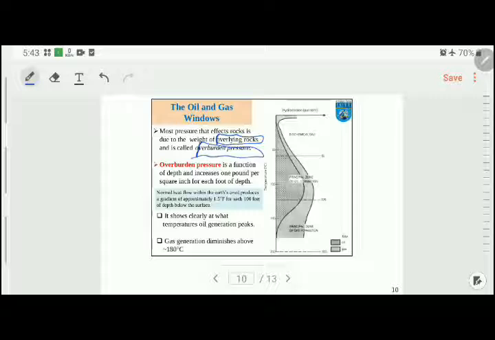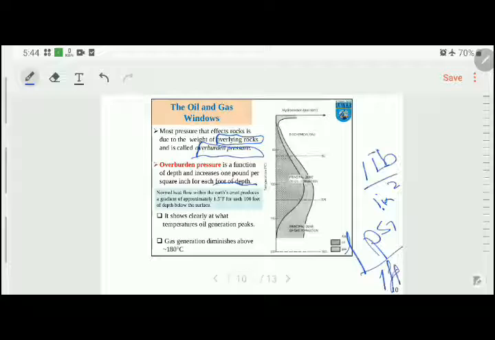This overburden is a function of depth and increases 1 pound per square inch, that means PSI. It increases 1 PSI for each foot of depth.